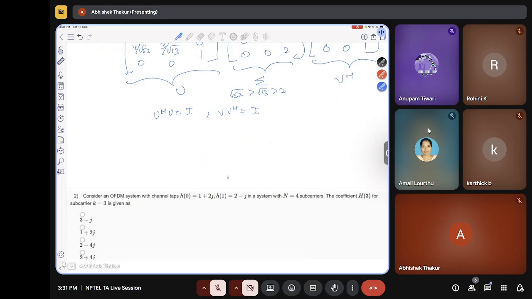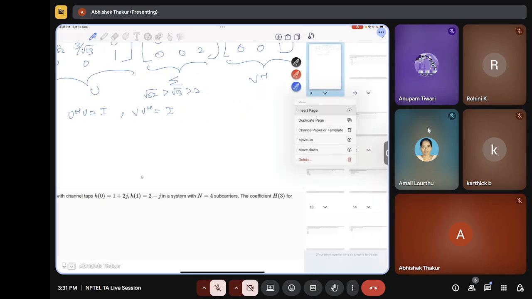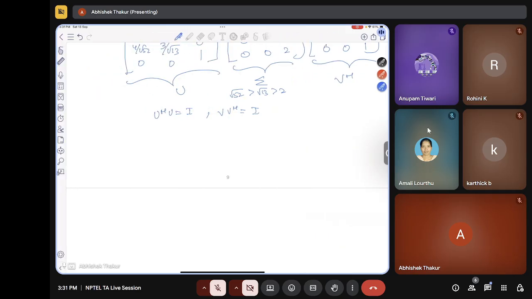So we will use the formula of capacity and also the formula of the power allocation. So I will write it first. We know that channel capacity is given as log base 2 of 1 plus SNR. So this is channel capacity.